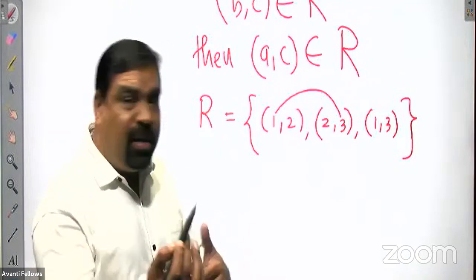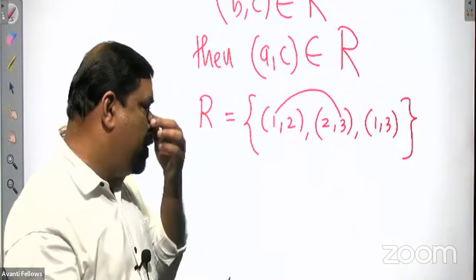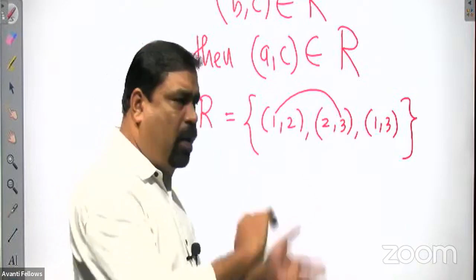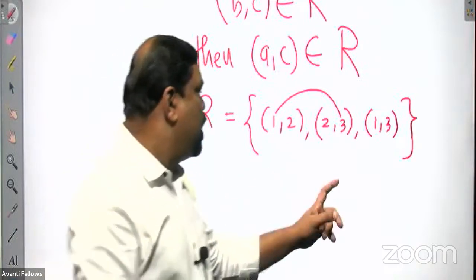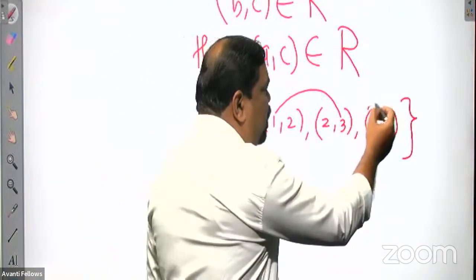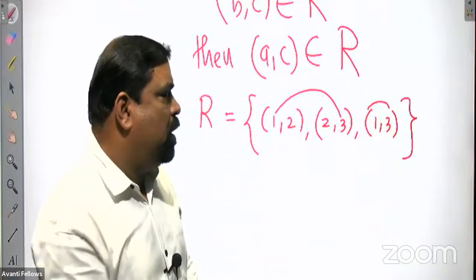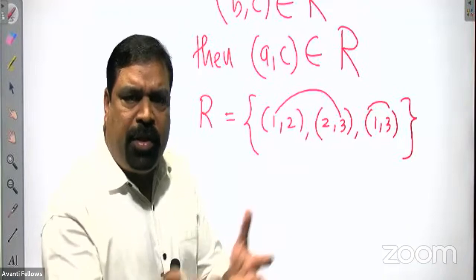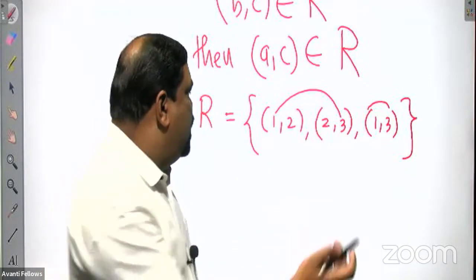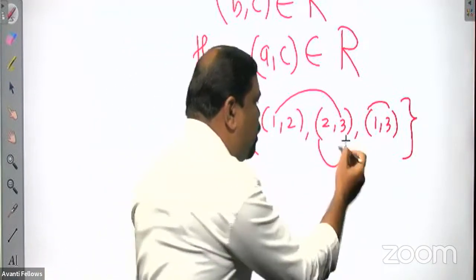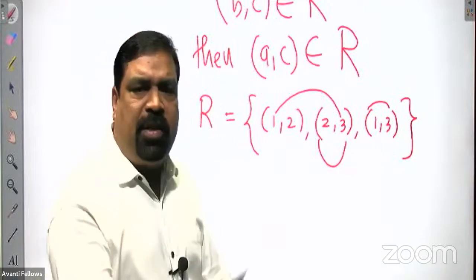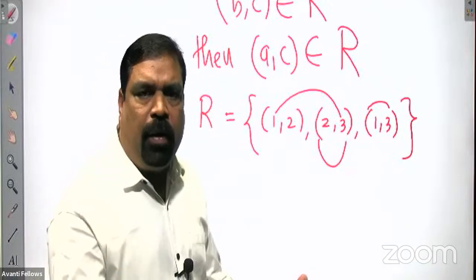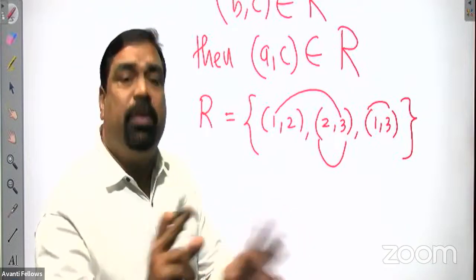We have to check all the possibilities, different pairs actually. If I take (1, 3), there is no other element starting from 3, so there is no problem. Otherwise if I take first (2, 3), again there is no element starting from 3. But we have to check all the possibilities.